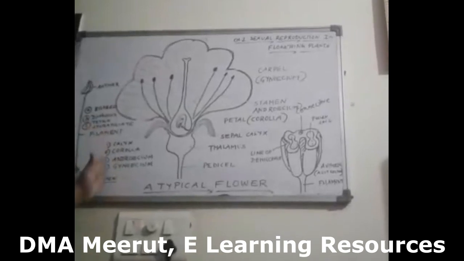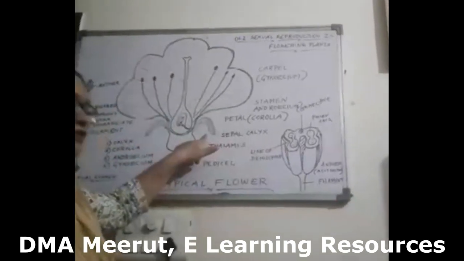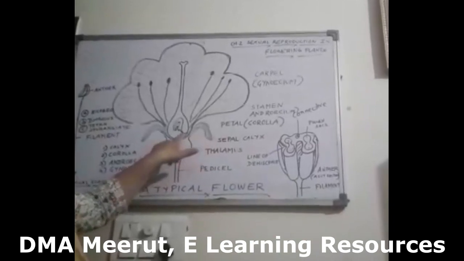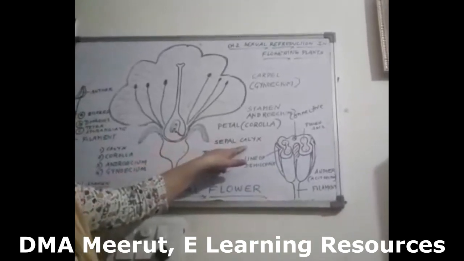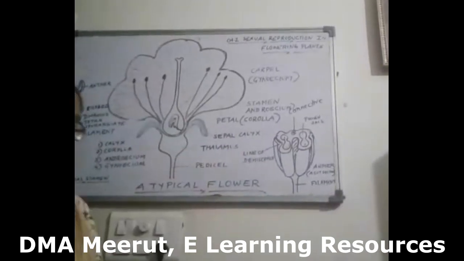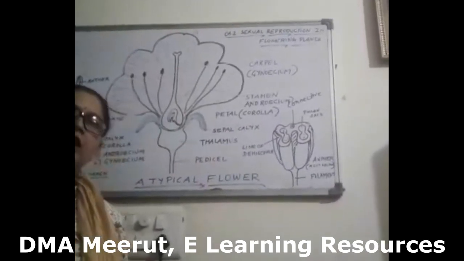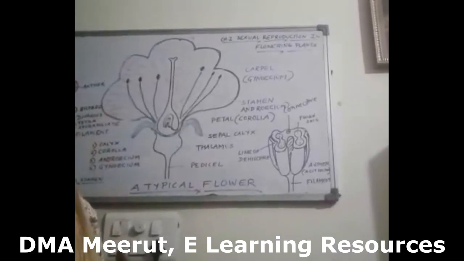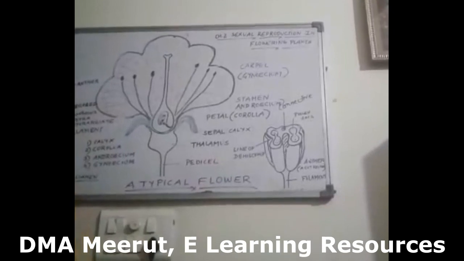Now first of all, the first little leafy appendage that arises from the thalamus is calyx. And what is calyx? A group of sepals. Generally sepals are green in color. They are meant to protect the flower in bud condition from grazing and browsing animals.